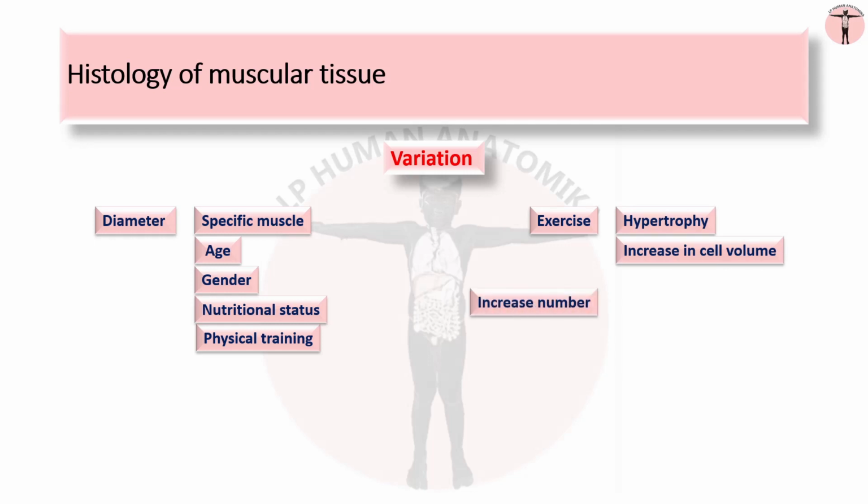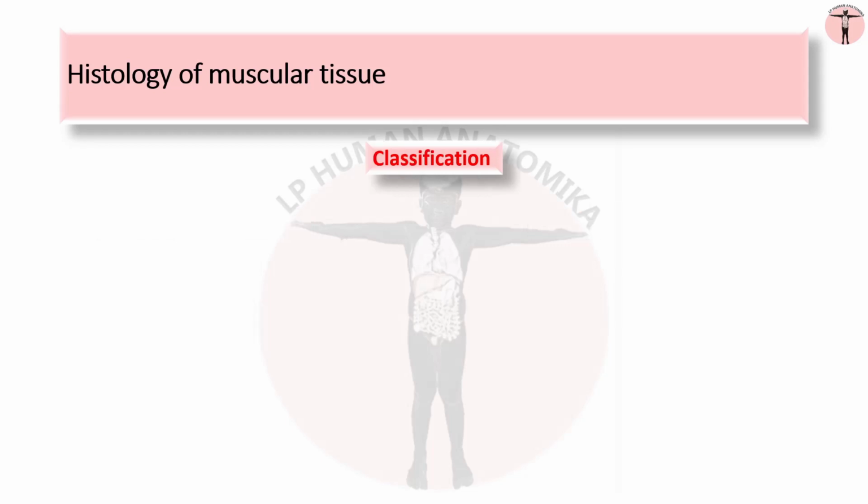Increase in number is hyperplasia, which takes place very readily in smooth muscle, whose cells have not lost the capacity to divide by mitosis. Three types of muscle tissue can be distinguished on the basis of morphologic and functional characteristics, with the structure of each adapted to its physiologic role.